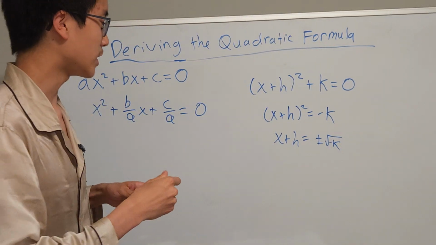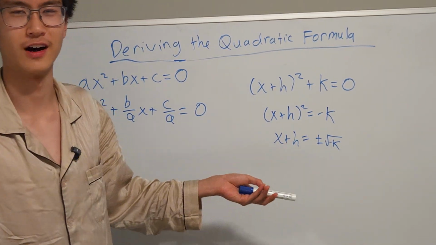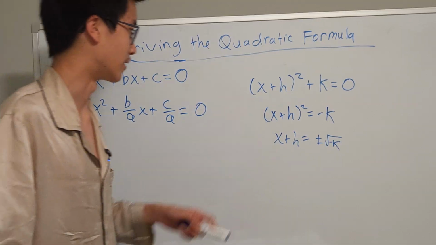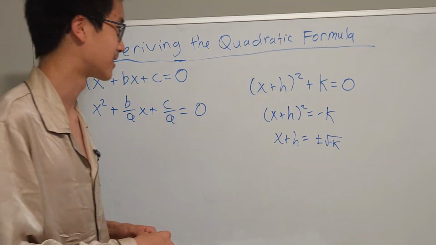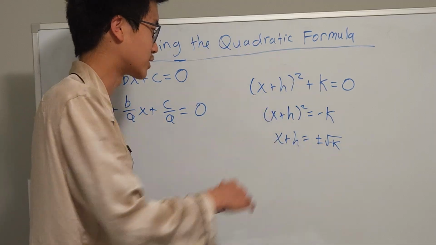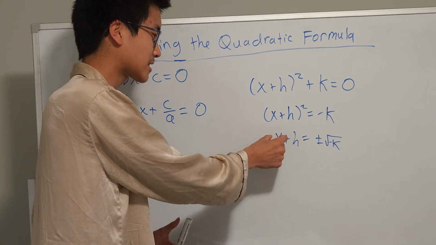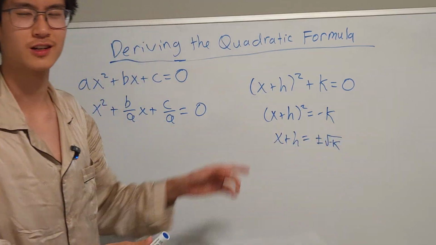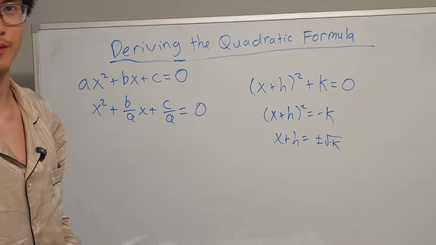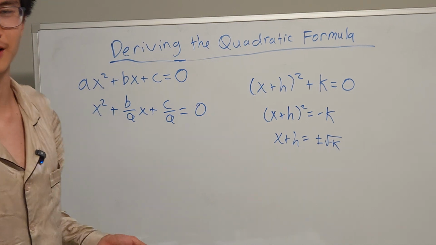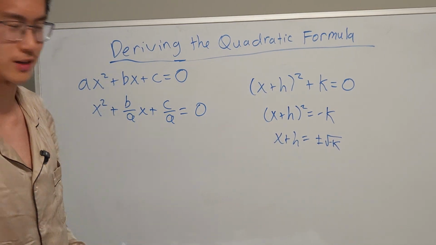Because we're solving equations, we must not forget the positive and negative of a square root. Of course, it's always a good idea to plug this back into your equation and check again. Now you notice that we have isolated our x after we move our h to the other side. So completing the square is another powerful tool to solve quadratic equations.